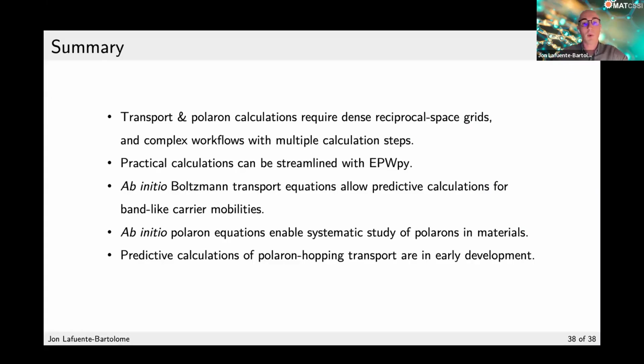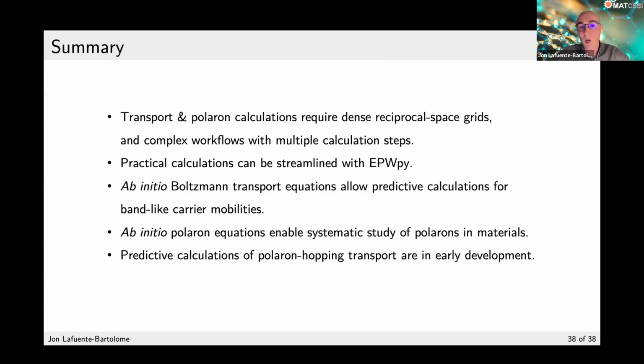Just to summarize, I wanted to highlight that both transport and polaron calculations require many calculation steps and are quite involved, but that EPWpy can streamline this whole process and make it more automatic and robust.